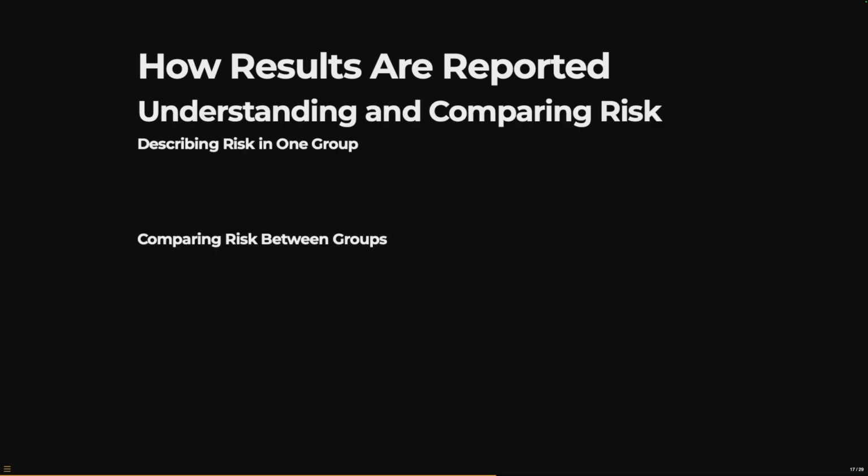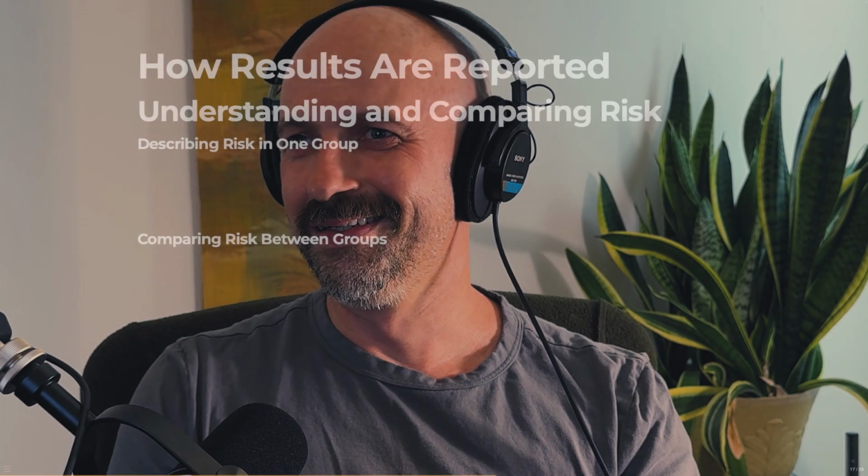Gotcha. Okay, let's talk about understanding and comparing risk. So what metrics do we use to describe the risk that you'll develop heart disease or hypertension or type 2 diabetes or something like that? And if you're talking about one group, that's just describing that one group.